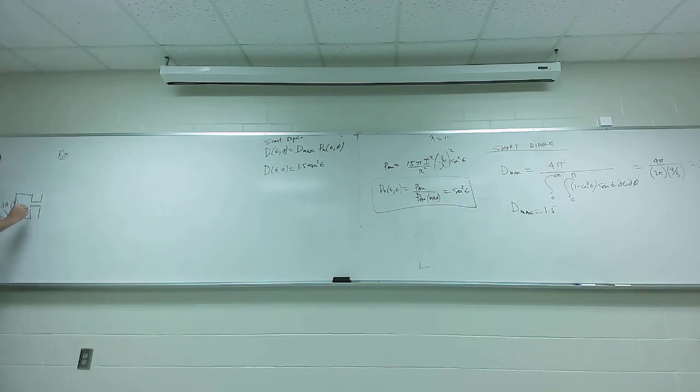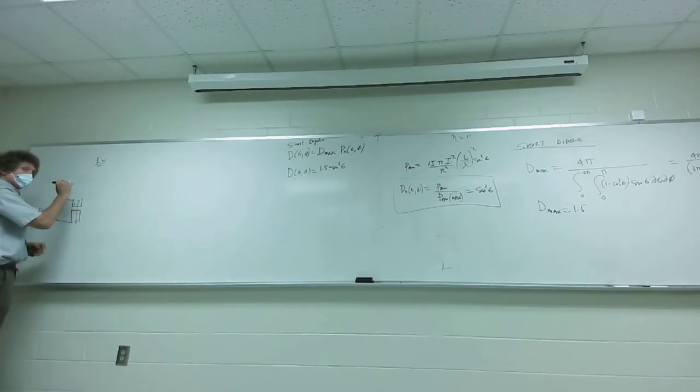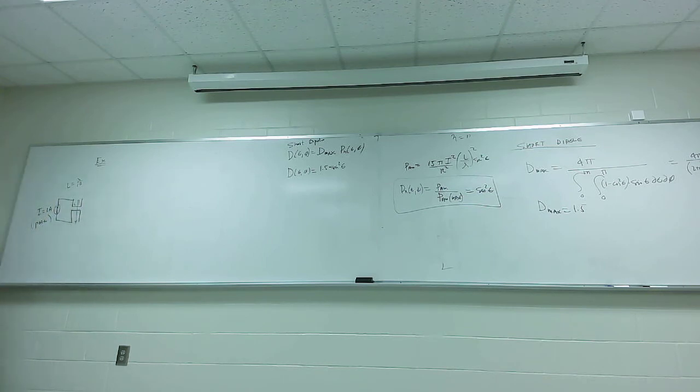The length of this antenna I'm going to make lambda over 10 exactly. The reason I'm doing that is I don't want to fool around with wavelength. So if that's lambda over 10, I got that ratio, right?